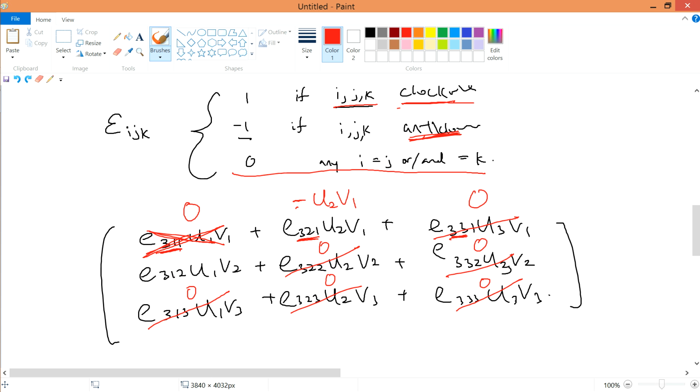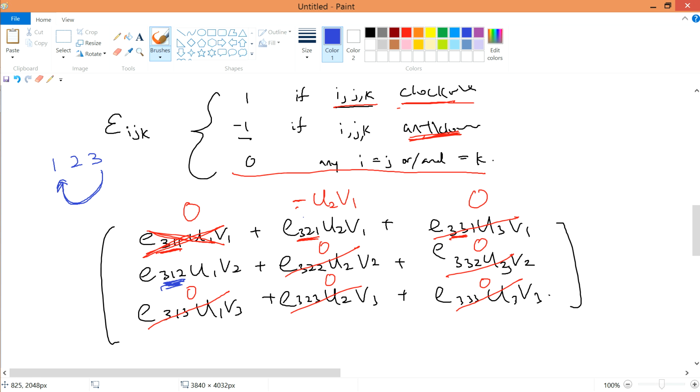If you take a look, now we have a 312 in this case. You may feel tempted to write it as anti-clockwise, but take a look. If I have 1 2 3 and then it goes back to 1, it's actually a clockwise direction.